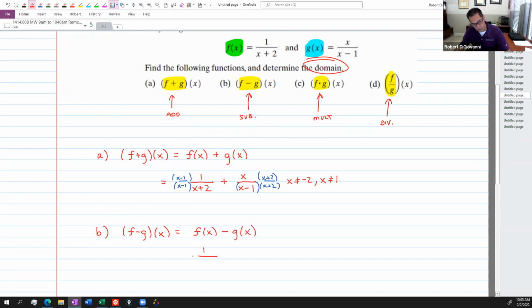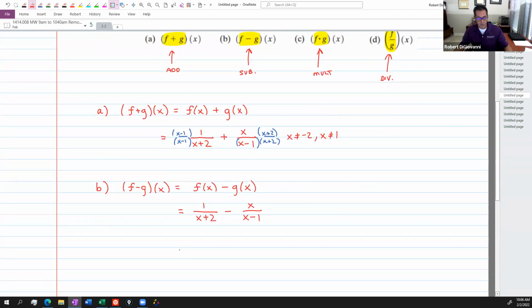So it would be 1 over x plus 2 minus x over x minus 1. You would actually have the same domain because you can't plug in -2 or 1. And then you could put those together if you wanted to into a single fraction.